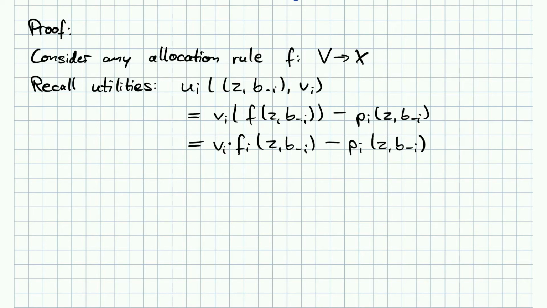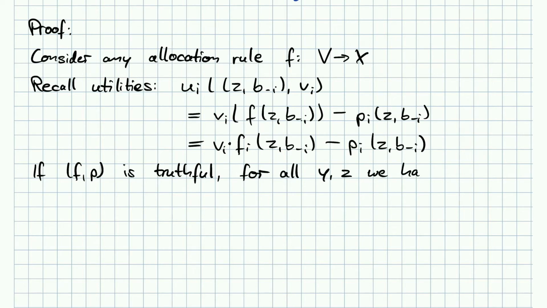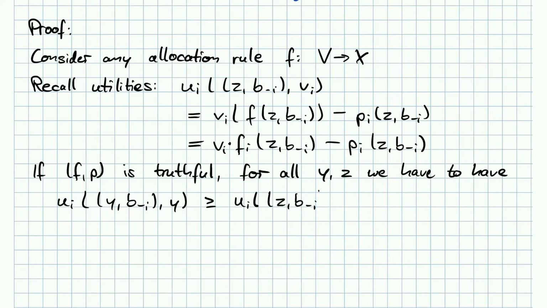Now, if (f, p) is a truthful mechanism, then for all y and z we have to have that my utility when bidding y against any other bids, when my value is y, has to be at least as much as my utility when bidding z, when my value is y.